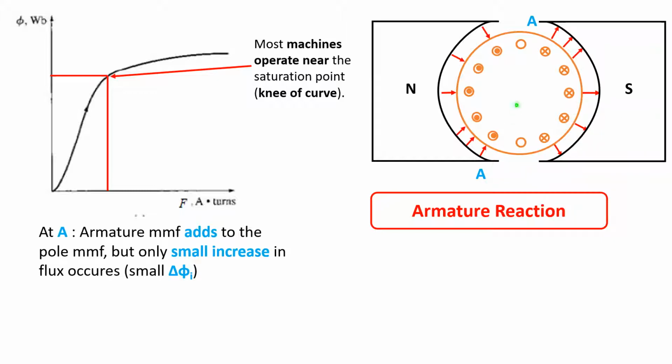At points A of the DC machine, you can find that there's more magnetic field because the armature MMF adds to the pole MMF. But if we were to plot this on the BH curve, you would see that the increase in the MMF only causes a small increase in the flux.